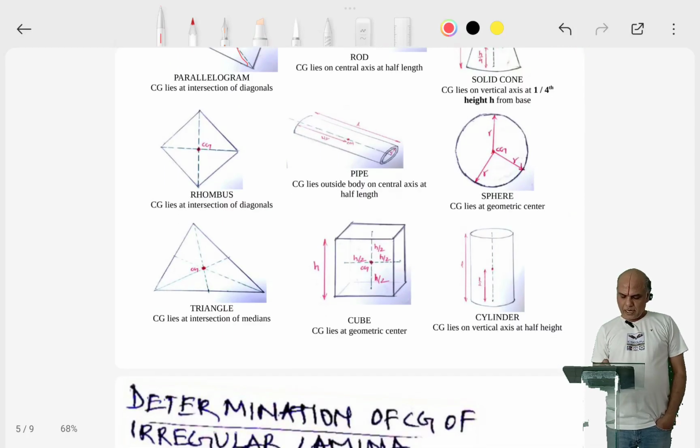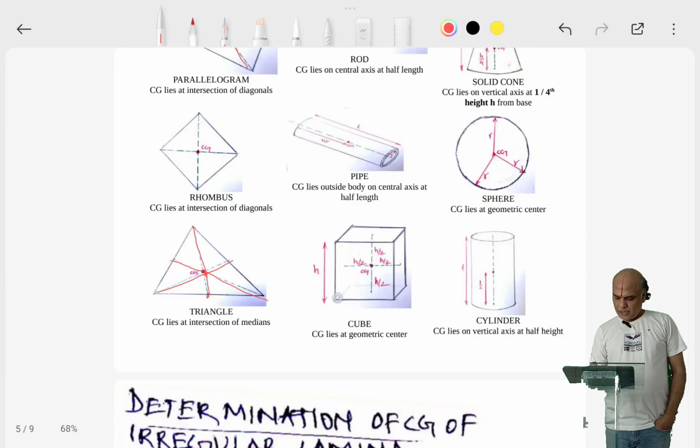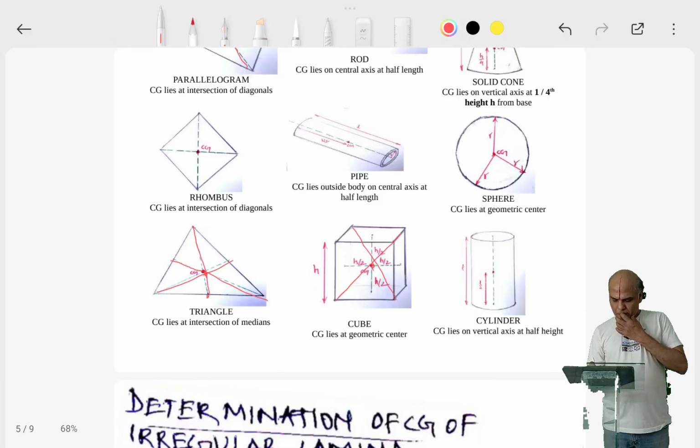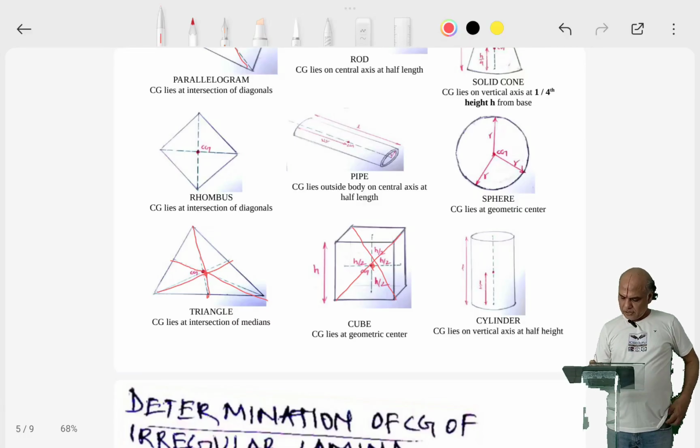For a triangular lamina, a median is what you get if you join the midpoint of a side to its opposite vertex. All such medians intersect at a point, and that is the CG of a triangular lamina. For a cube, it is again the geometric center, that is, where the diagonals from one corner to the opposite corner intersect.